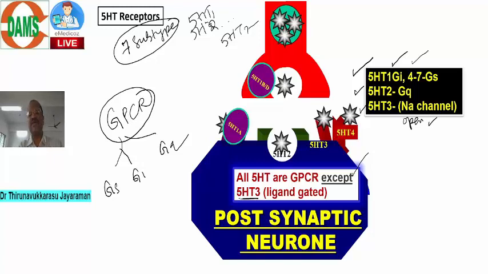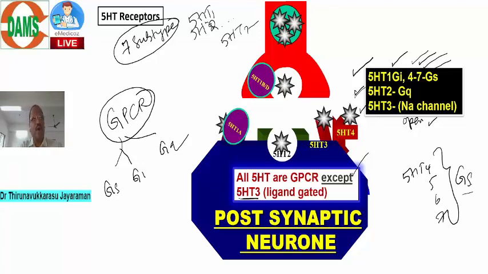Whereas 5HT4, 5, 6, 7, all these are Gs receptors. So I'm repeating, 5HT1 means Gi receptor, 5HT2 means Gq, 3 means ligand gated, remaining 4, 5, 6, 7 all Gs receptors.